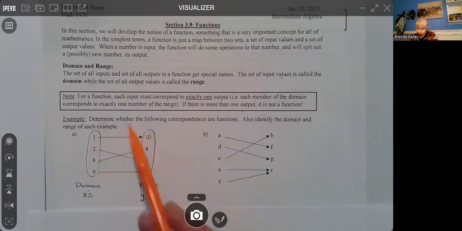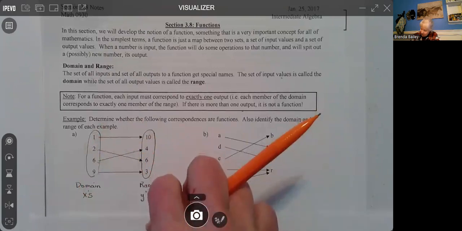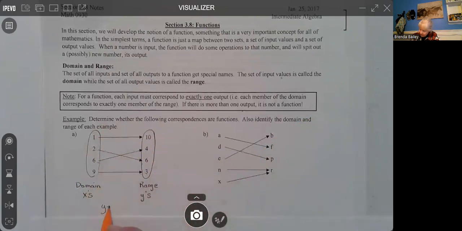So right now, yes, this is a function. I could change it so that it's not a function. I could take any of these and map them to a different number as well.